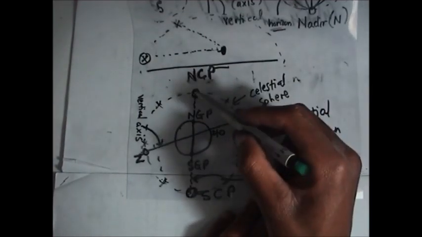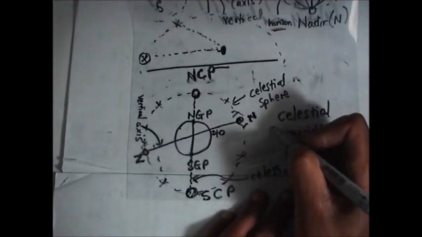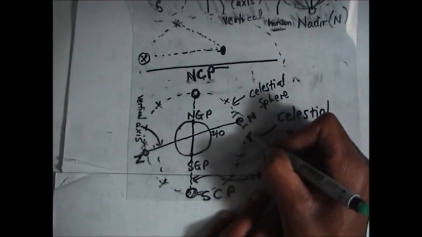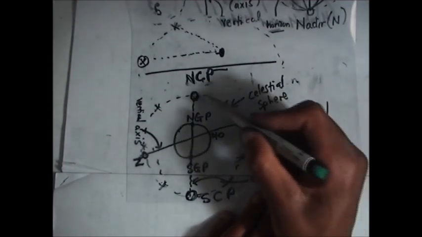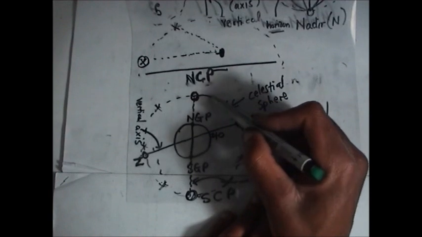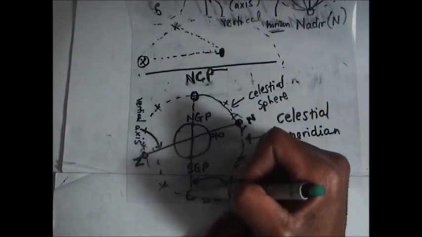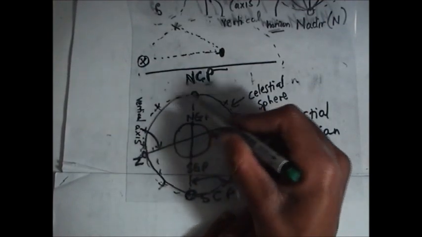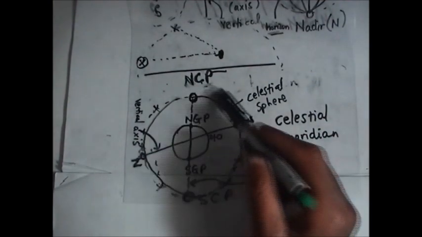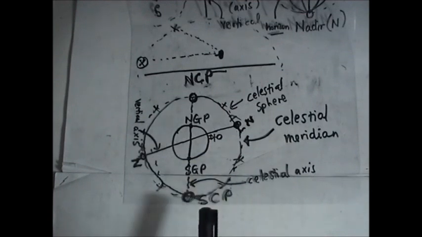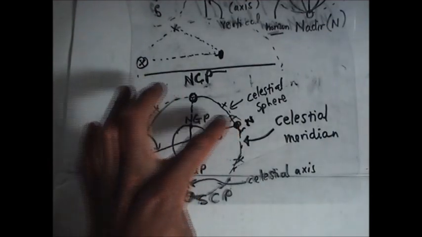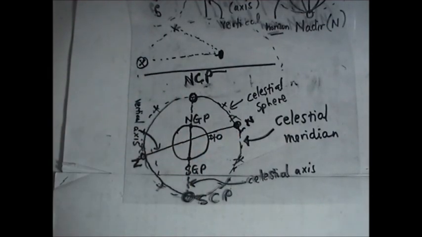When I was drawing the celestial sphere, I was actually drawing the celestial meridian, because it is the circle that passes through our north celestial pole, our zenith, our south celestial pole and our nadir. So that outside circle there is what is defined as the celestial meridian. It is a vertical circle through the NCP, SCP, zenith, and nadir.